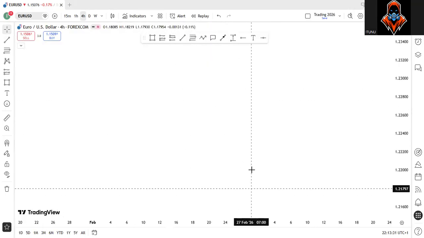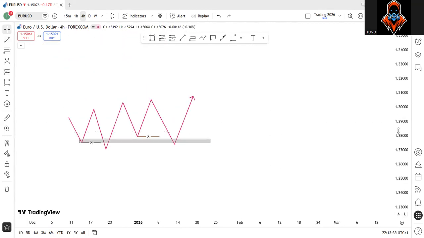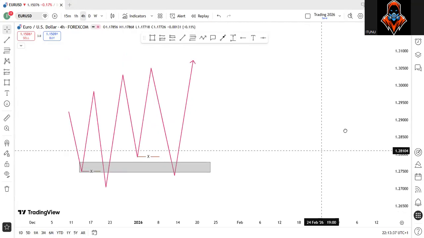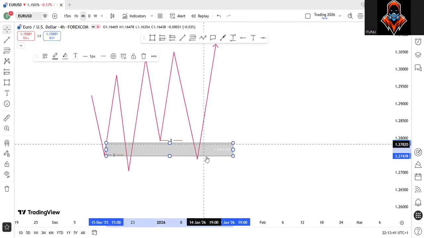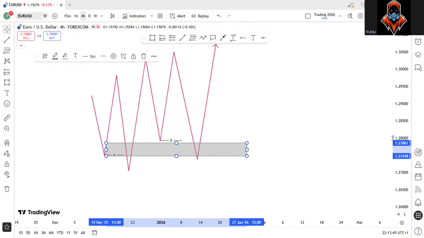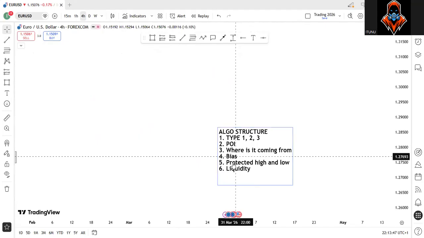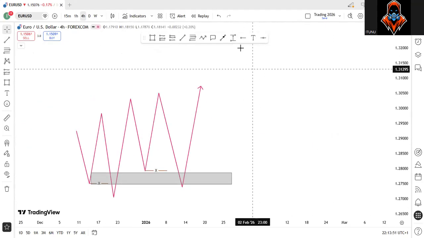So back to what I was saying. We'll use the order block. That's going to be considered our PD array. This box that we're drawing out is considered our PD array. This is type 1 we're currently talking about.